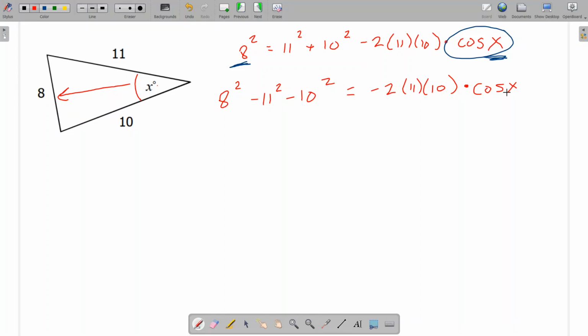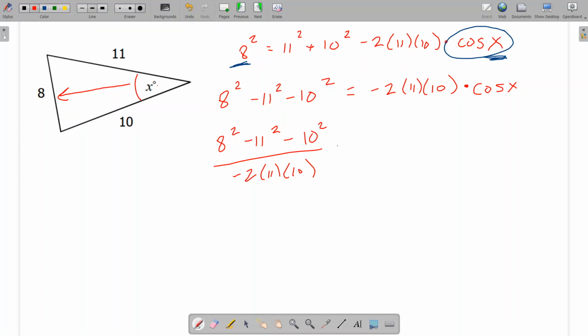Okay, and then a lot of people try to add 2 times 11 times 10 to both sides, but keep in mind, since it's multiplication, we really have to divide both sides by that. So we're going to have really 8 squared minus 11 squared minus 10 squared, all divided by negative 2 times 11 times 10, and that's going to be equal to cosine of x.